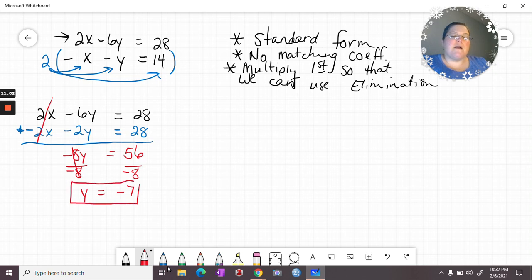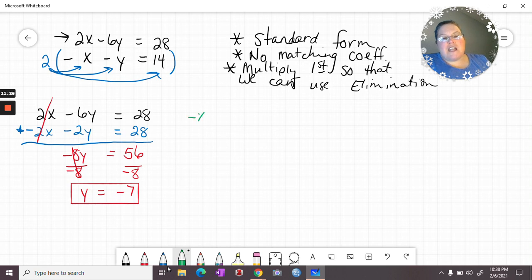Now remember, I'm not done yet, because I need to go back and find the value of x. It does not matter which equation we go back to, so maybe I do the one negative x minus y equals 14, because I think I don't need to technically do much dividing with that. But again, it doesn't matter.